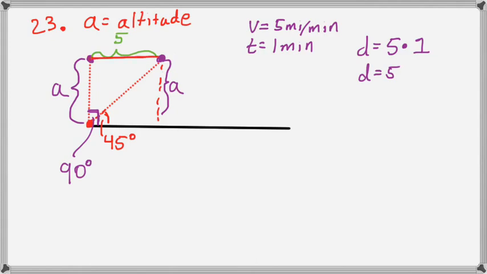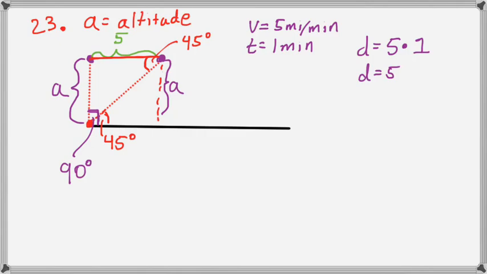Okay, well, now let's make some observations. So if my angle of elevation to the plane was 45 degrees, then for this first point here, the angle of depression of the plane looking at me will be equal because of our alternate interior angles theorem. So now that's a 45-degree angle.